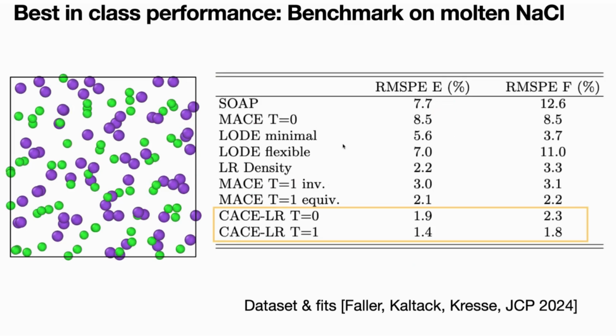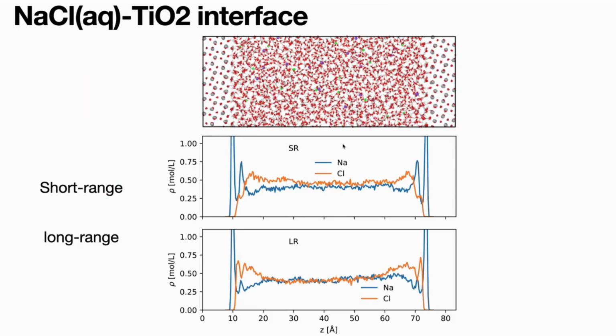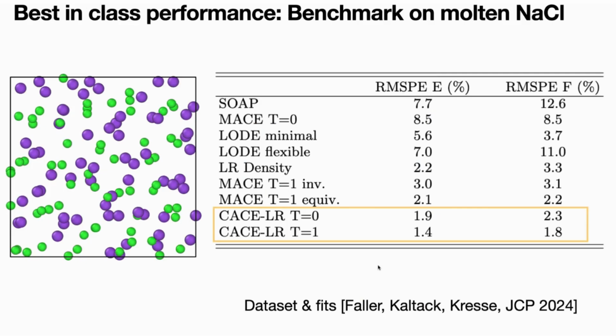But the short-range machine learning potential doesn't know that. And after using LESS as the add-on, you see that we are recovering the correct behavior with the ion density balanced. Okay. Historically, there have also been other schemes to do long-range interactions.